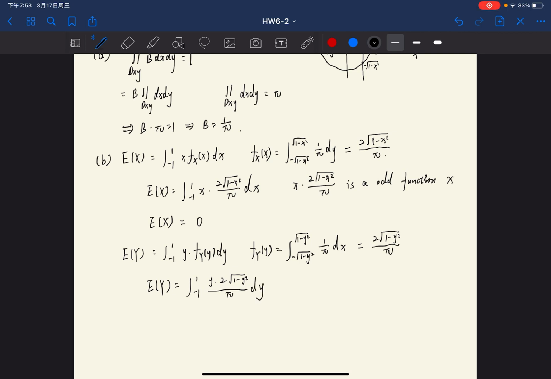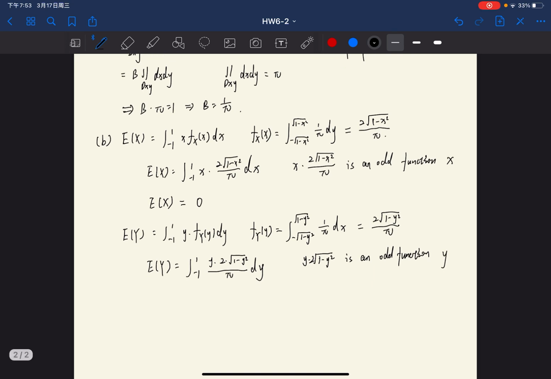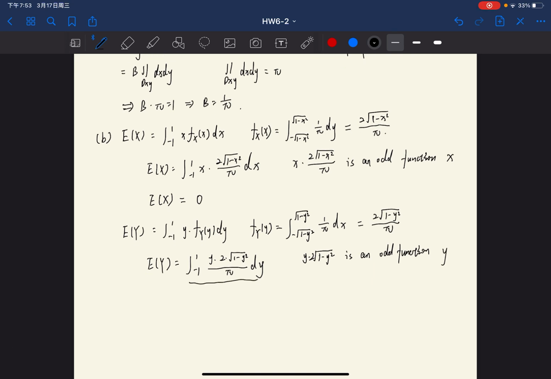And we can also find that y multiplied by 2 multiplied by square root of 1 minus y to the power of 2 is an odd function with respect to y. So it's obvious that this part also equals to 0. So E[Y] is also equal to 0.